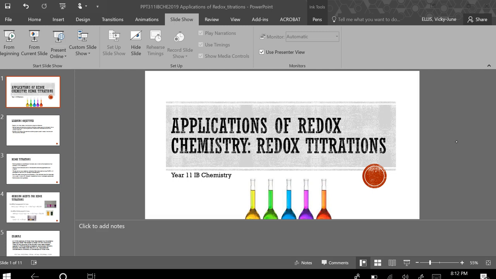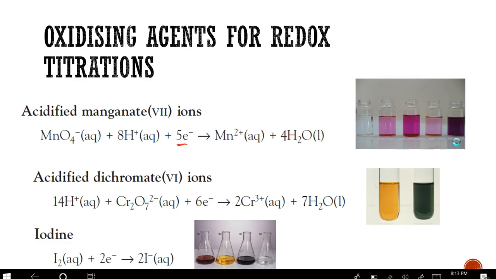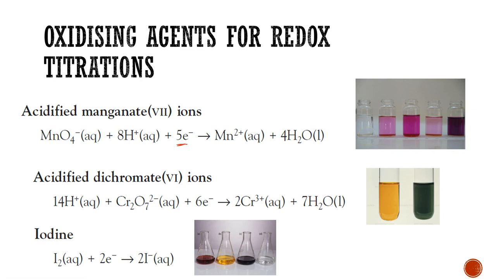So we can tell we've reached the end point when the pink persists. Okay, so if you think about it, we're dropping the purple solution in, it's disappearing as it reacts, turning clear. When we reach the end point, that one drop of pink will no longer react.